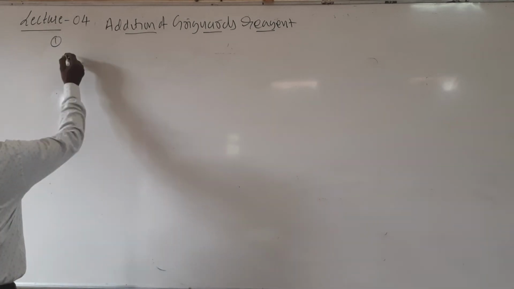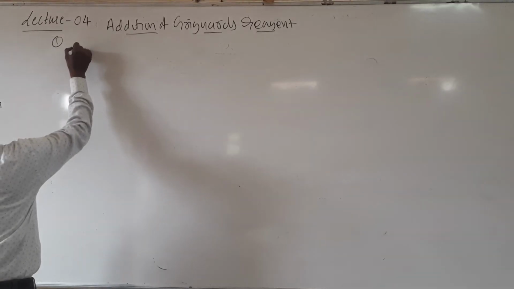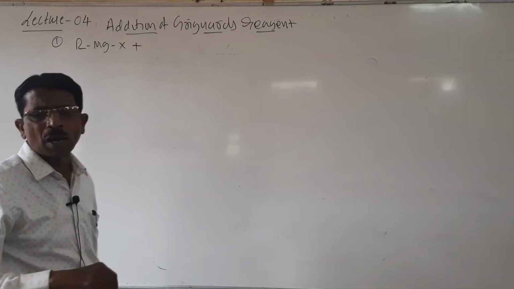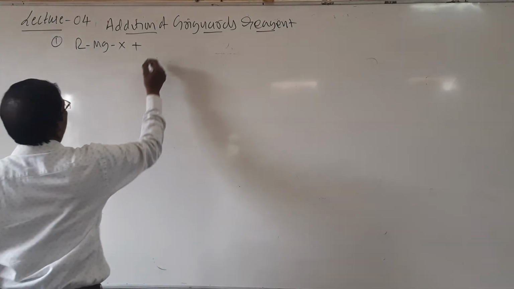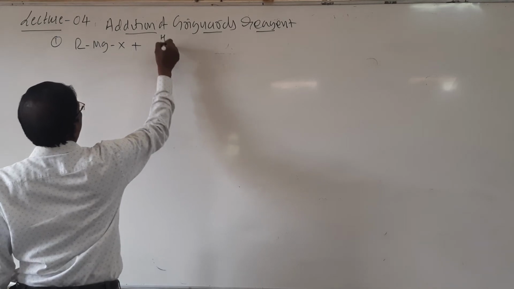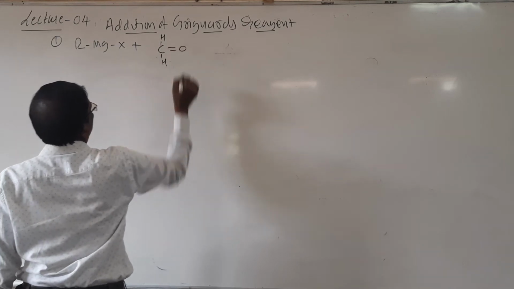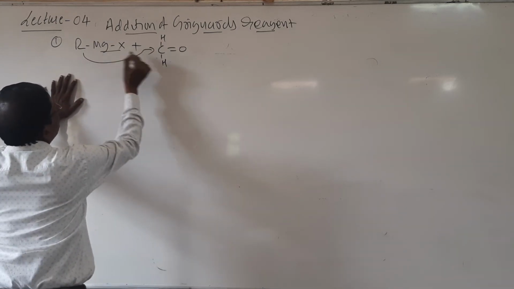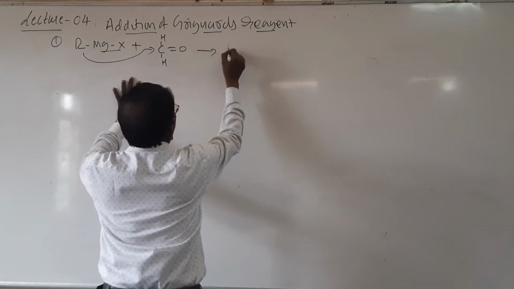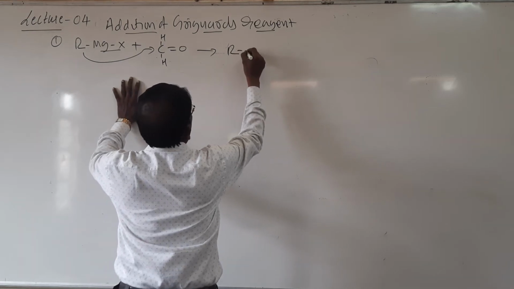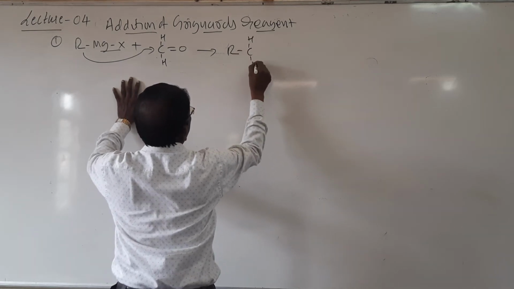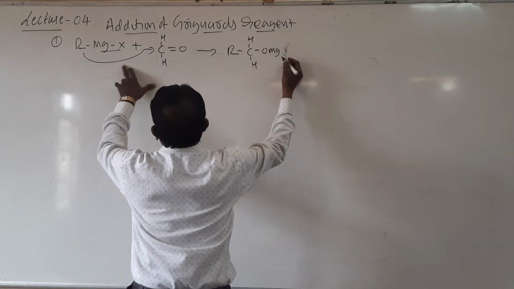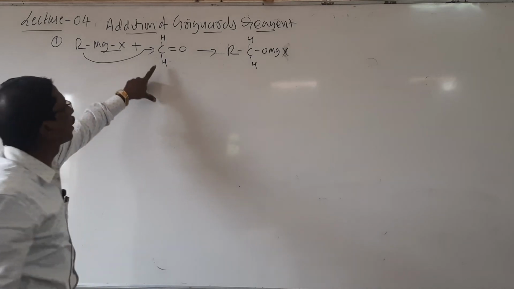Look here, number 1, I will write Grignard's reagent RMgX plus formaldehyde, the first compound, formaldehyde. I will write the formaldehyde like this. It is formaldehyde. So here this R attacks here and then MgX attacks here. It forms R CH2 OMgX, where X is I, Br or so on.